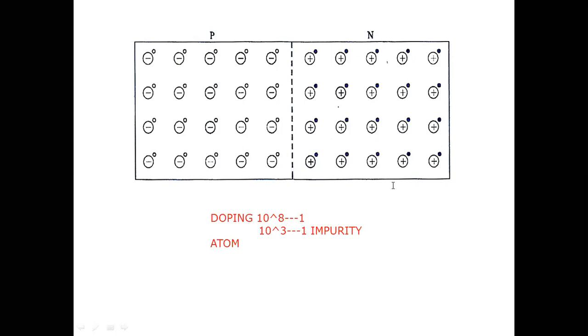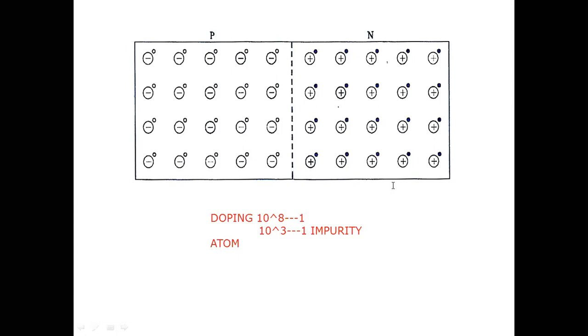In PN junction diode, 10 power 8 atoms, means for every nearly 1 crore atoms, right? I think so.